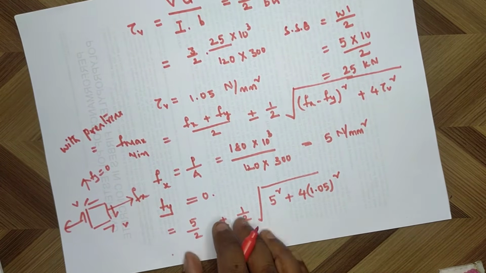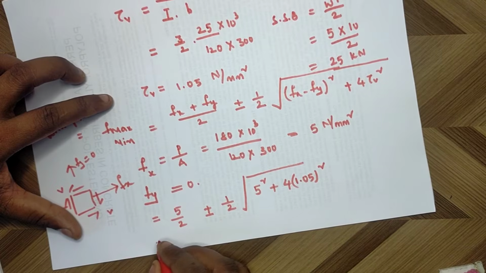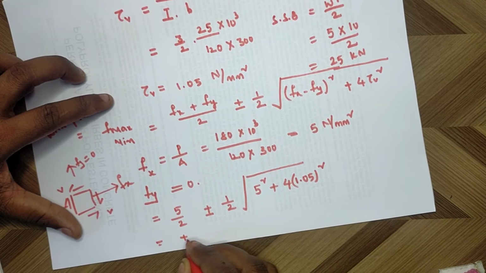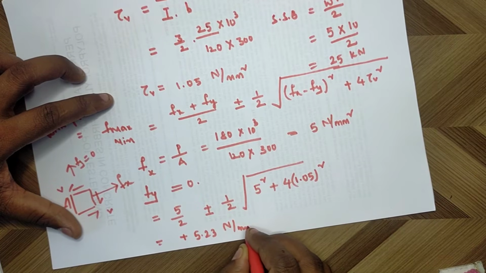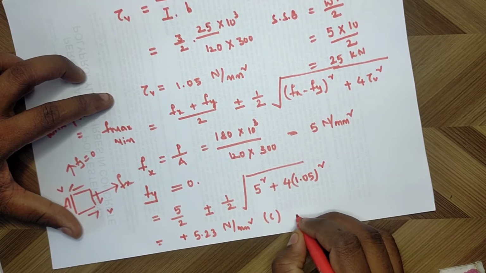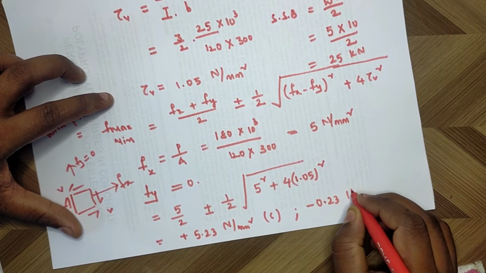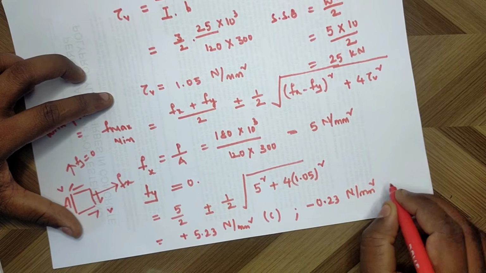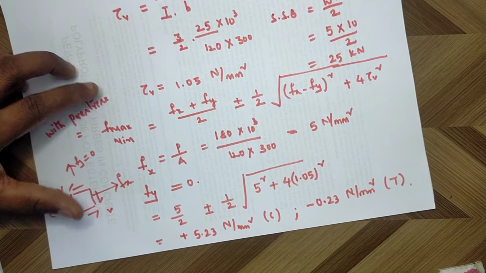The answer is equal to plus 5.23 Newton per mm square for compression, and minus 0.23 Newton per mm square. It is tension.